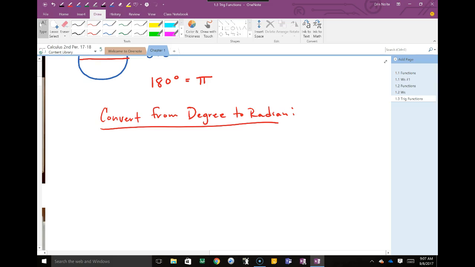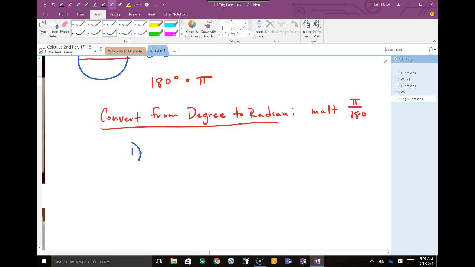You're really close. Switch it though. There you go. The way that I always remember that is that a radian always has a pi in it. You always see them with pi's. So for me to get a pi in there, I want to multiply by pi. Let's do a quick example.